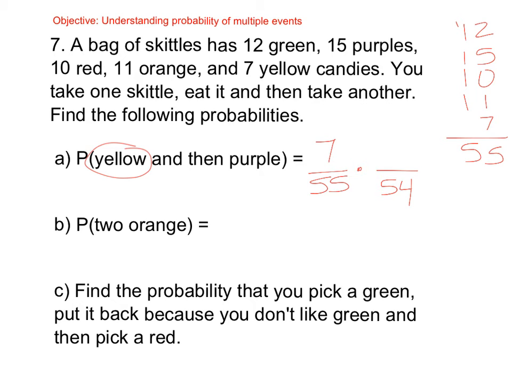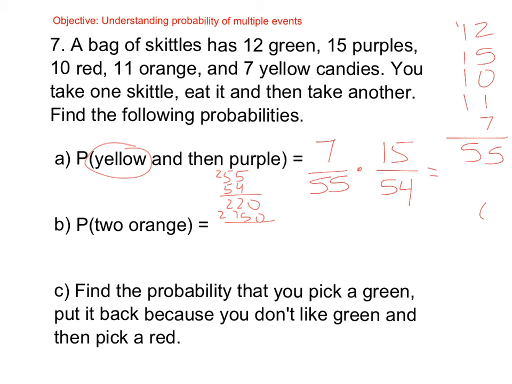And then how many purples are there? 15. So I don't know what that is. That's terrible. I don't know what 55 times 54 is. Ugh. Let's see, 20, carry the 2, 22, 5, 27.